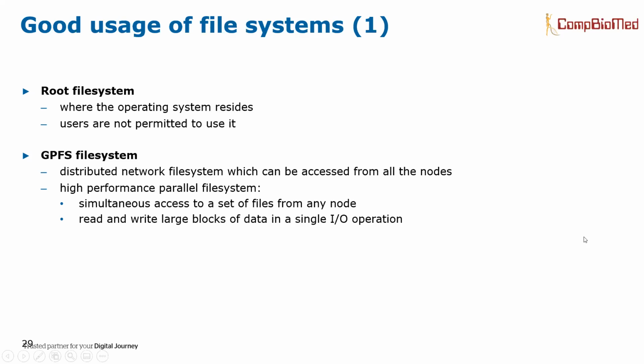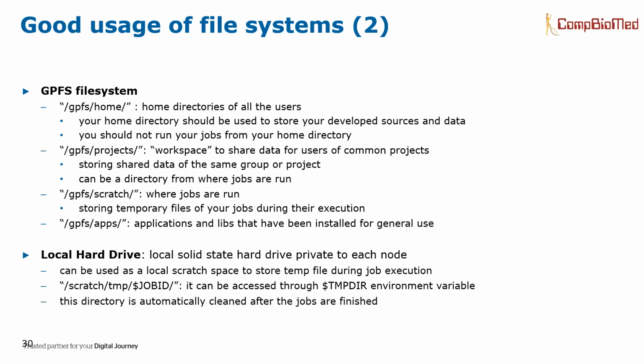The advantage of the GPFS system is that it is a parallel file system. So you can address this file system by multiple nodes, multiple instances and tasks, and it is performant. You can write at high speed a large amount of data and read and write at the same time. You have your home directory under GPFS /home/ your username.